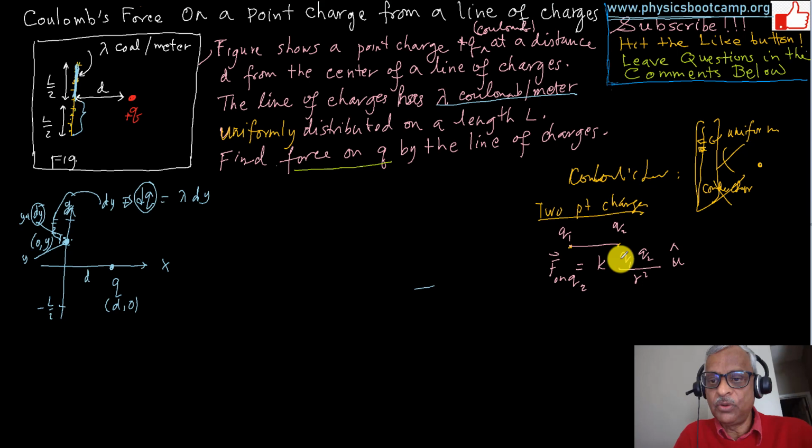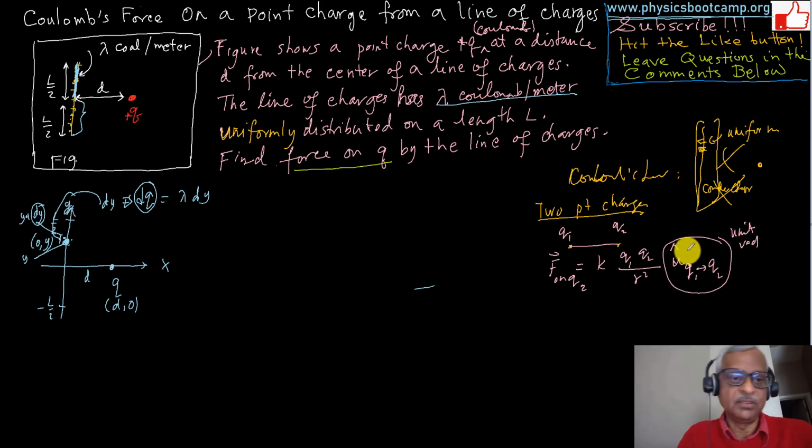This is on q2, so the direction is q1 to q2. This is the unit vector in that direction.